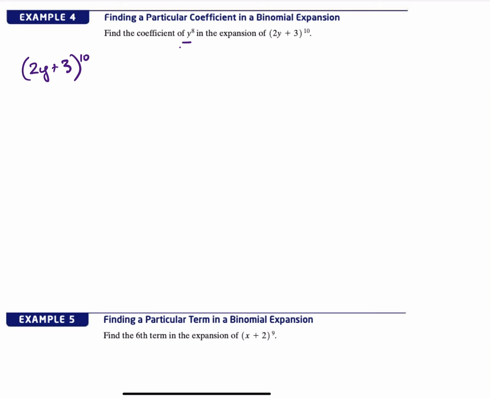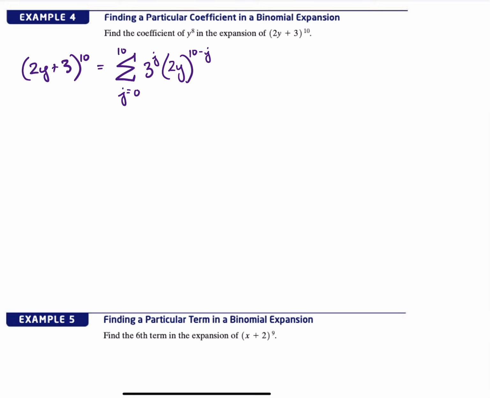Well, if we were to write this out, this would be the sum of j going from 0 to 10 of 3 to the j power times 2y to the 10 minus j power. So we need to find what would be our value of j to get y to the 8th power. So notice we would need to subtract 2 to get an 8th power. So that means j should be equal to 2.